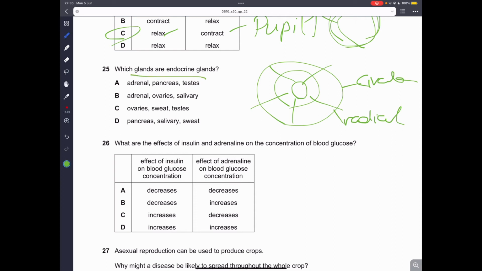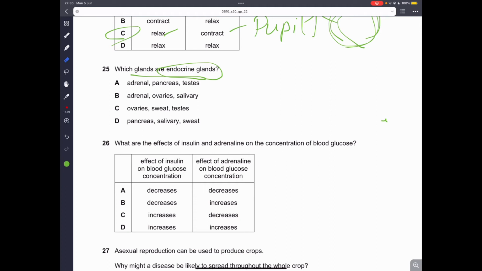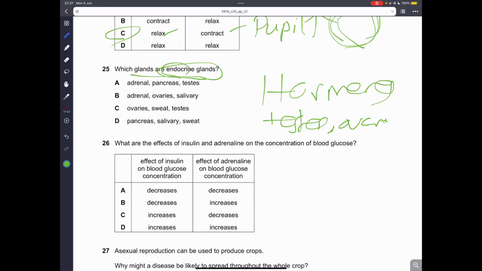Question 25. Which glands are the endocrine glands? Remember, endocrine glands are glands that produce hormones. So glands such as the testes, the ovaries, the adrenal glands. Endocrine, endo meaning in, taking in. It is not taken out like exocrine.